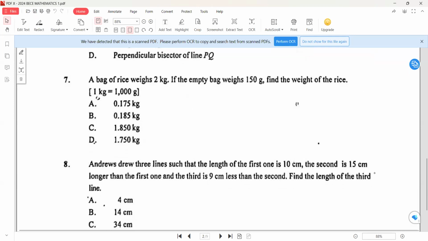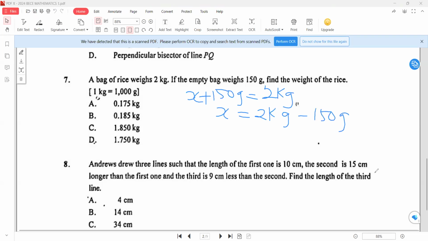So it means that the weight of the rice coupled with the weight of the bag makes up the weight of the bag of rice, which is 2 kg. So if the weight of the rice is X, and you add it to the weight of the bag, which is 150 grams, you should get 2 kilograms. So 2 kilograms minus 150 grams.